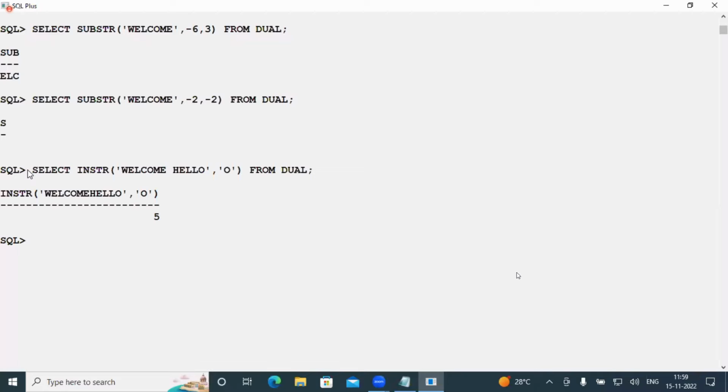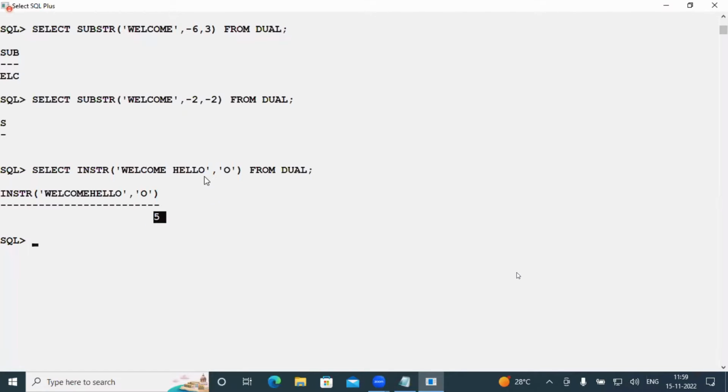Now, in my first example, I want to find out the position number of O. But which occurrence of O you wanted was not mentioned by the programmer or user. That's why by default, the first O is returned. The first position of O will be returned.